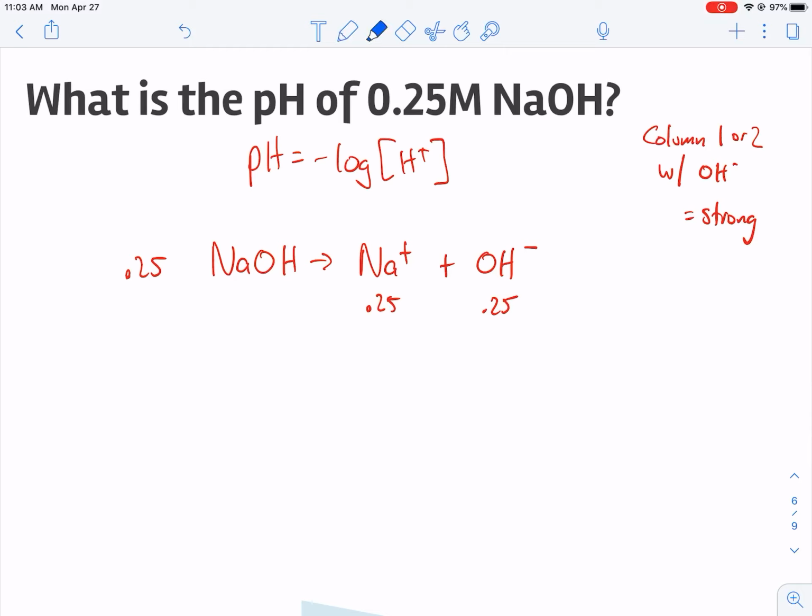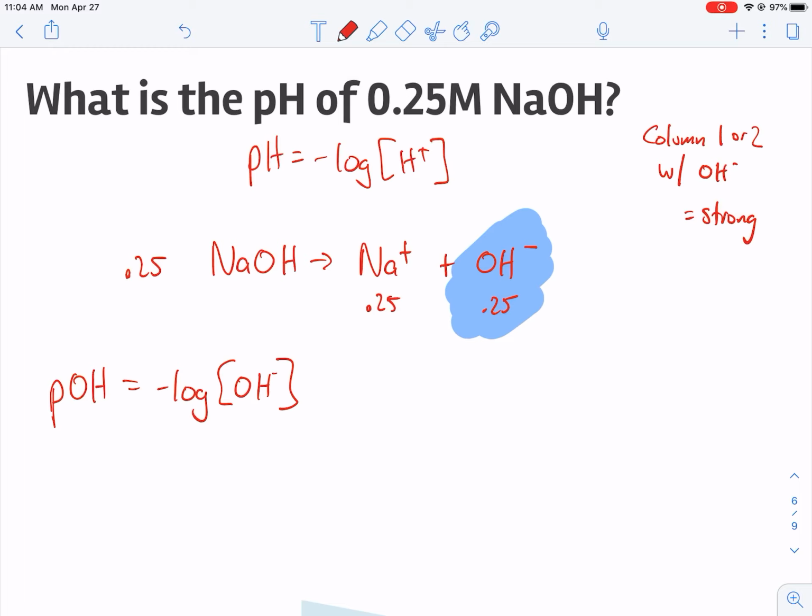But when I go to plug this in, I have an OH, not an H+. So there's two things that we could do here. There's two ways to solve. This is how most people do it. Instead of using pH, they use POH. POH is equal to negative log of the OH minus.